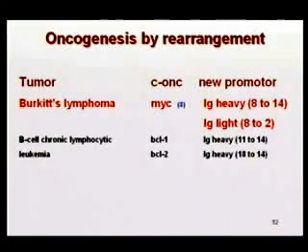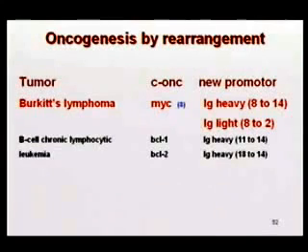Well, it turns out that what's happening here is you're bringing MYC up against the light chain promoter. And so when the cells need to make light chains, instead they turn on MYC and the cell divides. Isn't that neat?